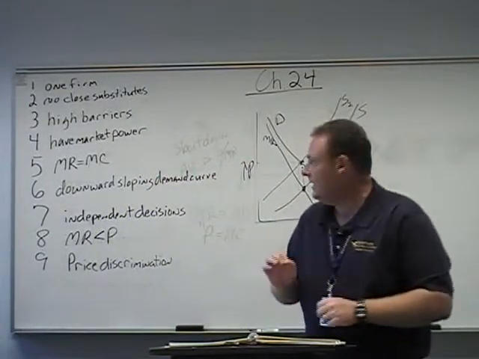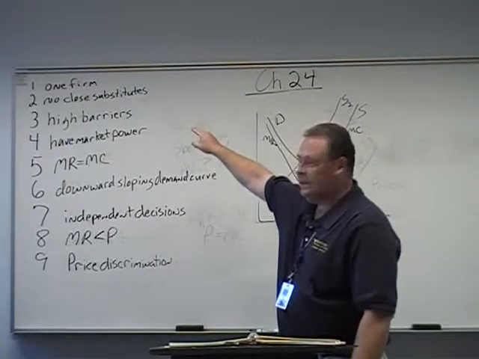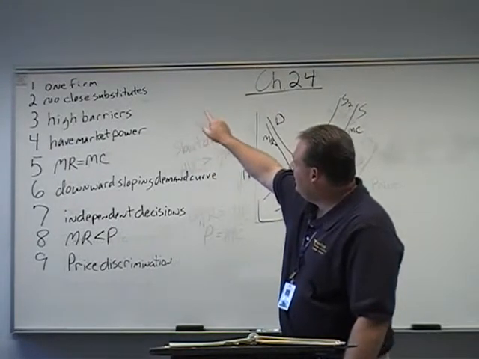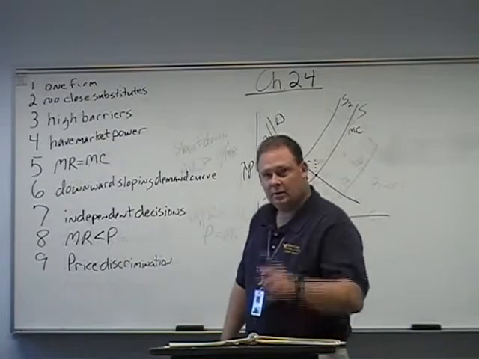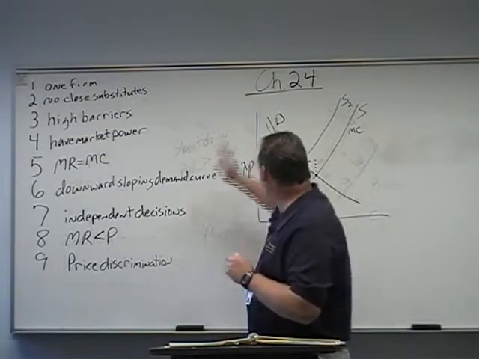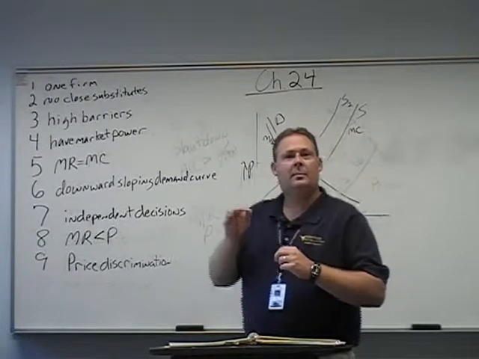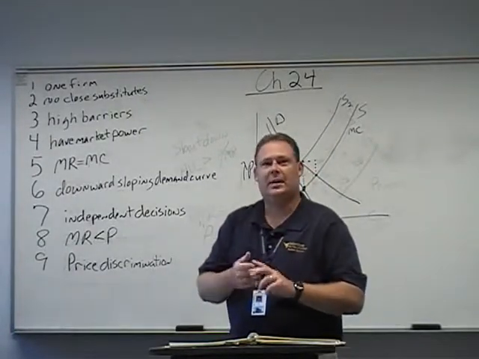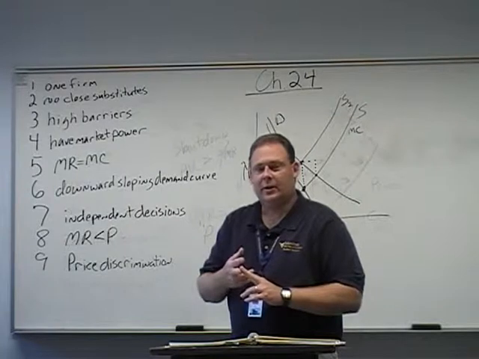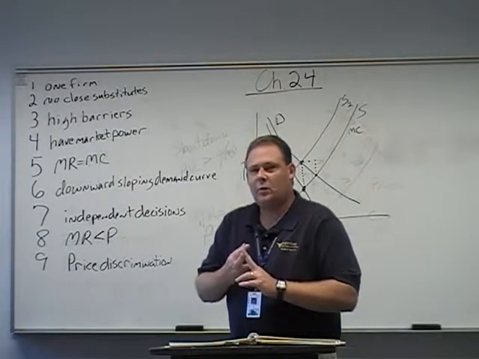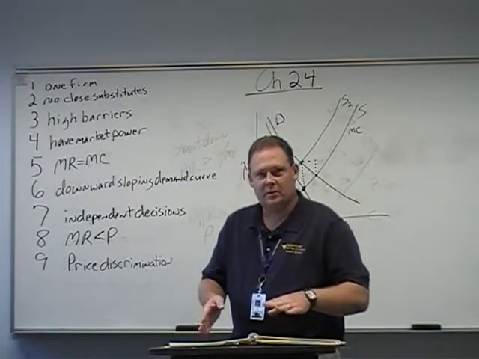They are the ultimate example of market power and high barriers. There's one firm in a monopoly. They produce the entire supply, and there are no close substitutes. Monopolies would be things like your natural gas company, your electric company, things for which there are no substitutes.